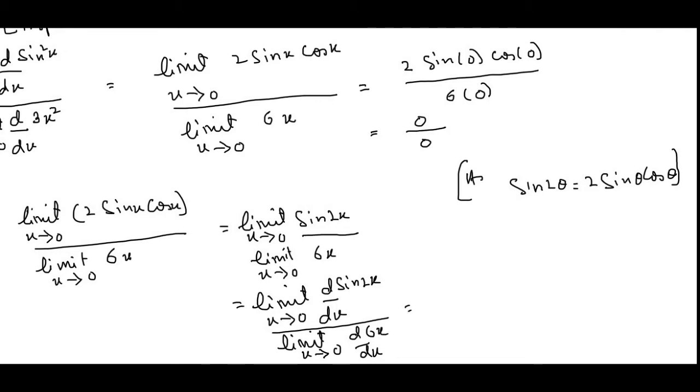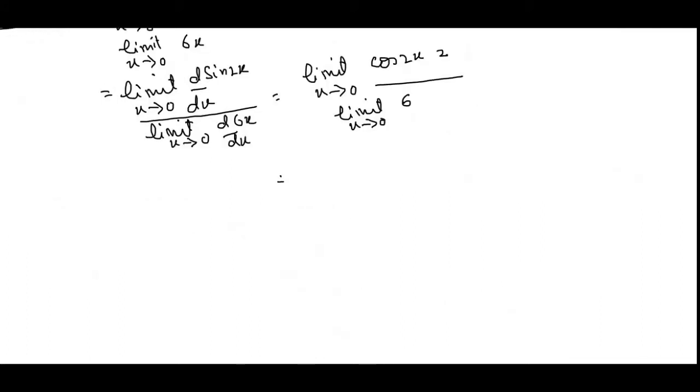Now we have the differential here, limit x approaches to 0, cos 2x, then the derivative of the angle, which is 2, and whole divided by limit x approaches to 0, and the derivative of 6x is 6. Now apply limit.